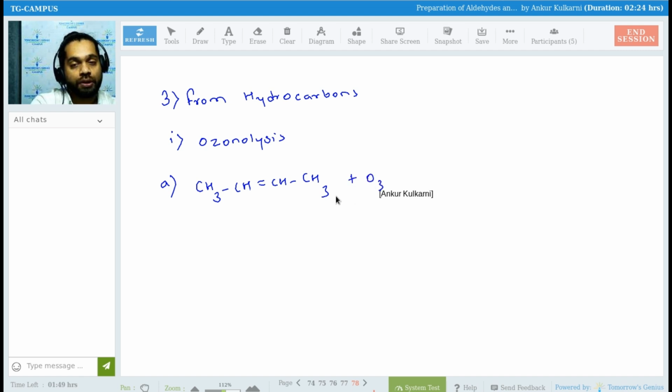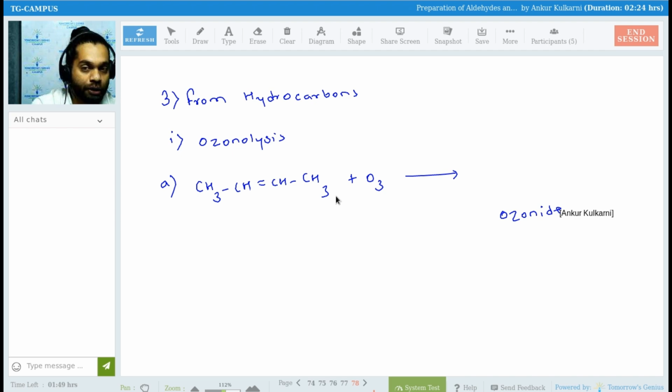If I react it with ozone, the first thing you are going to form is an ozonoid. Since we have used butene, here it would be butene ozonoid.